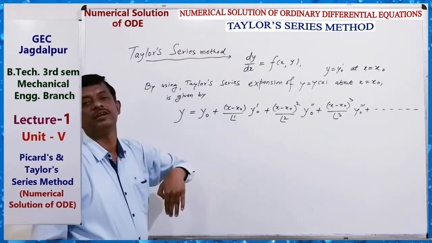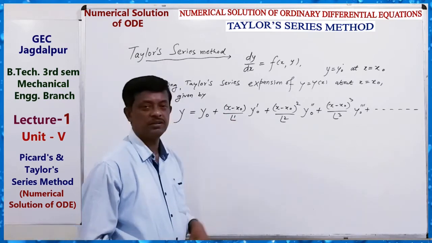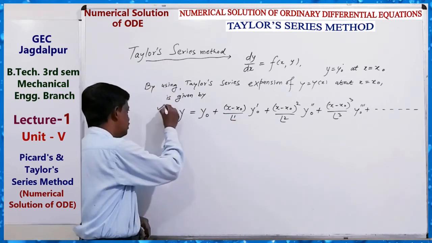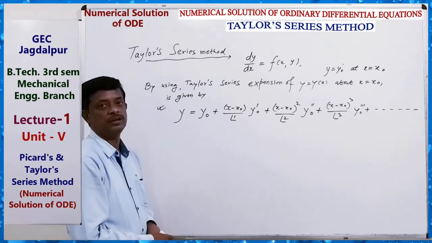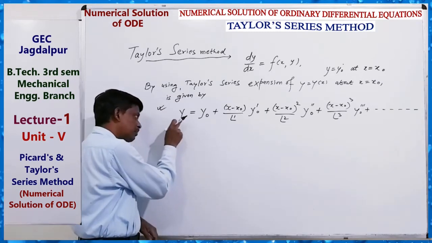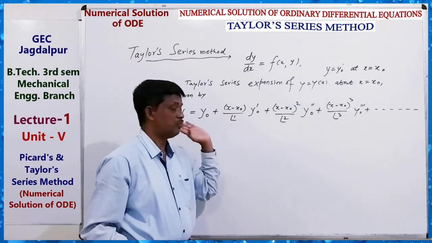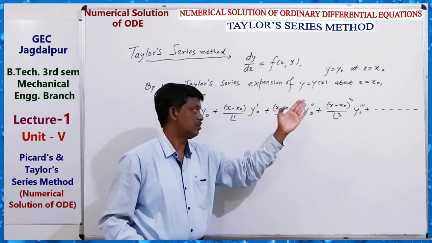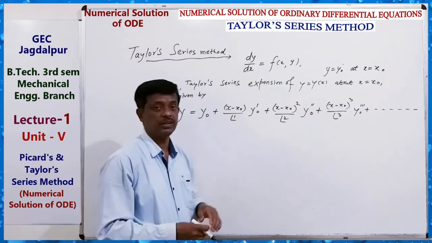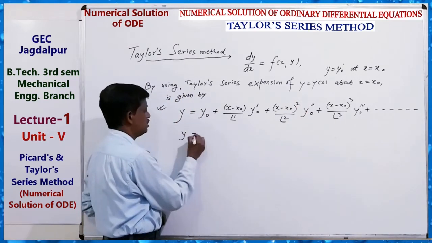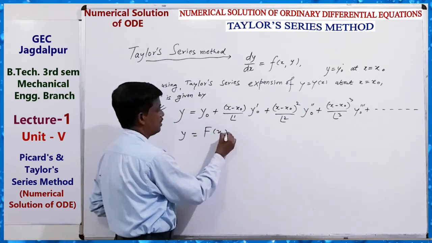After getting those derivatives, just put them here. This is our formula. From this formula, putting the values of y0, y dash 0, y double dash 0, y triple dash 0, you can get the value of y as a function of x.